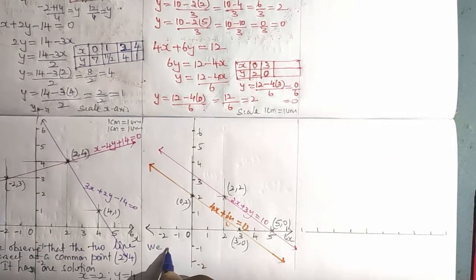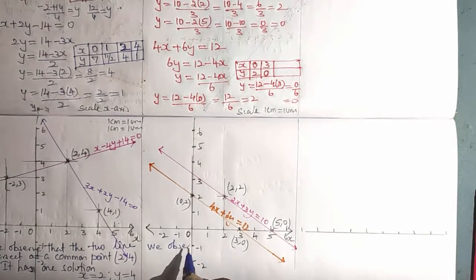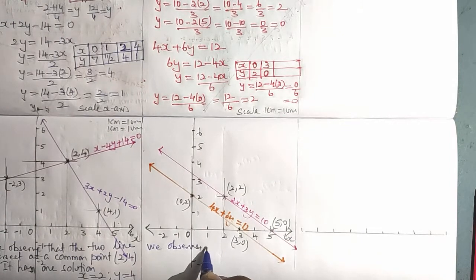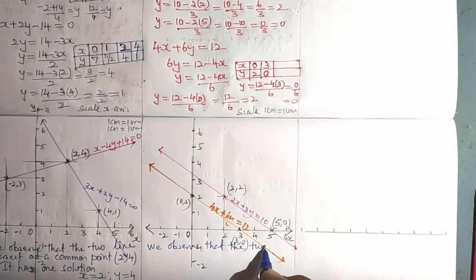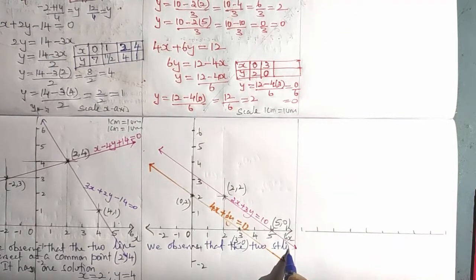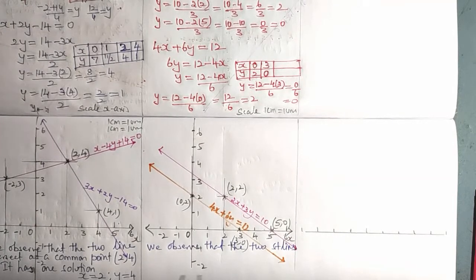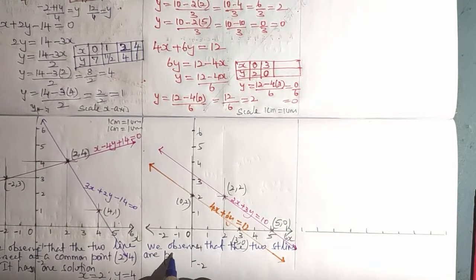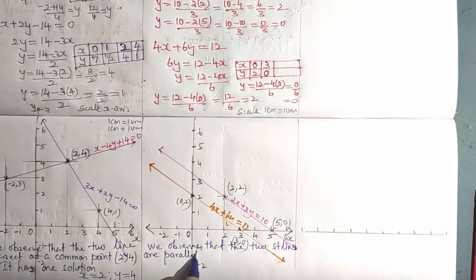So we observe that the 2 straight lines are parallel. I will write directly. Parallel means they are not intersecting.